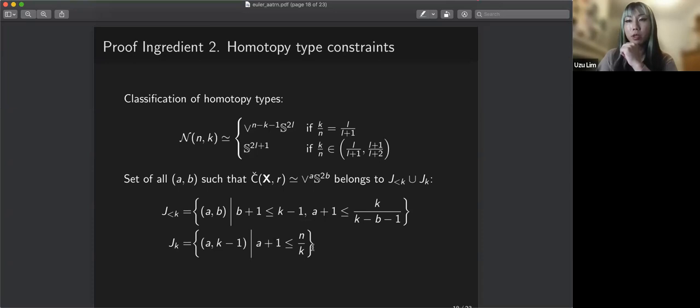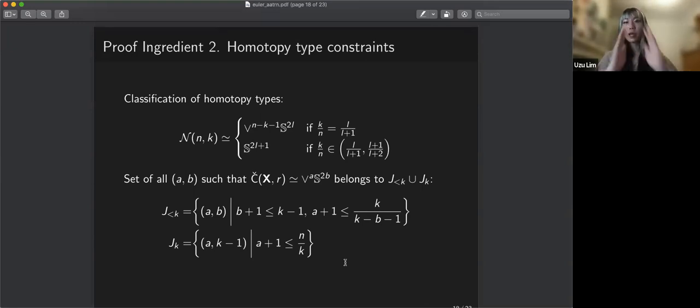But the point here is actually to look at what bound for a you get. You can see that a is upper bounded by this number that's predetermined by k, and b is again bounded by k. So you can't have too many self wedges here. But for Jk, you have a bounded above by n over k, and it can go arbitrarily large as n goes very, very large.